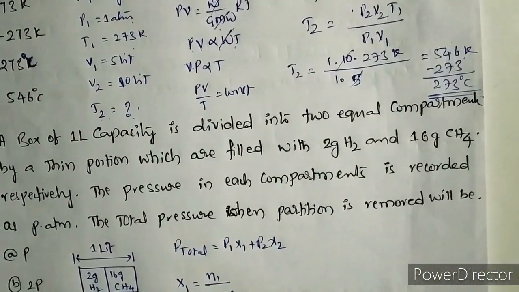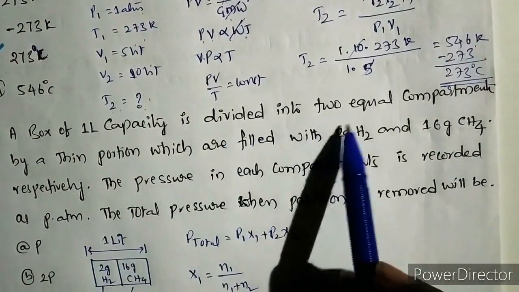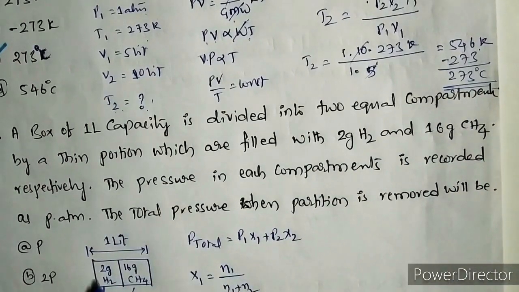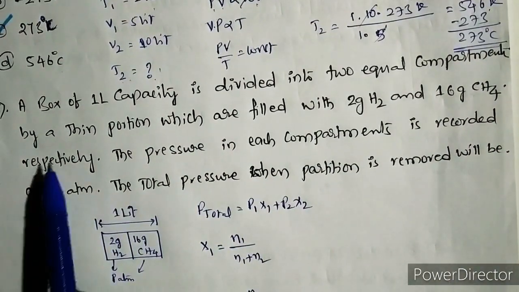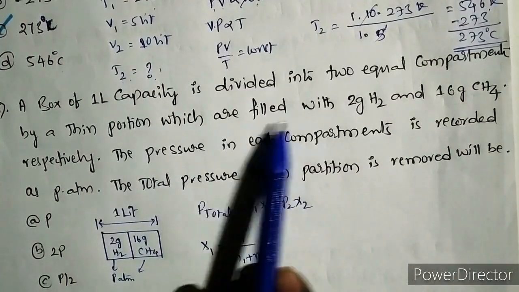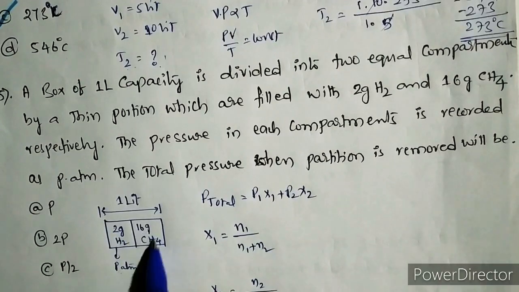Next one, look at this question. A box of 1 liter capacity is divided into 2 equal compartments by a thin partition, which are filled with 2 grams of hydrogen in the first one and 16 grams of methane in the second one.